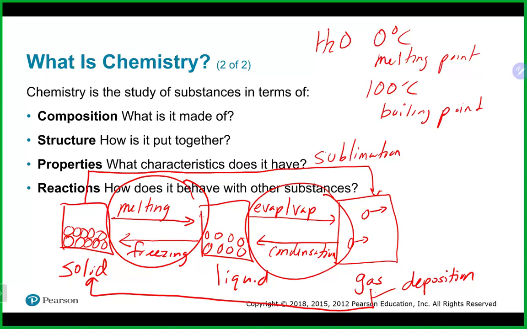So when we talk about energy, which is also a really big aspect of chemistry, when we go from solid to liquid to gas, would I need to put energy in to do that, or do I have to remove energy to do that, you think? You would have to put energy in. A really simple example of that is what I said earlier.